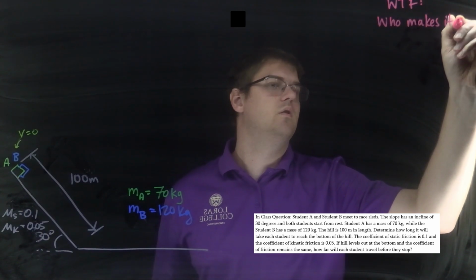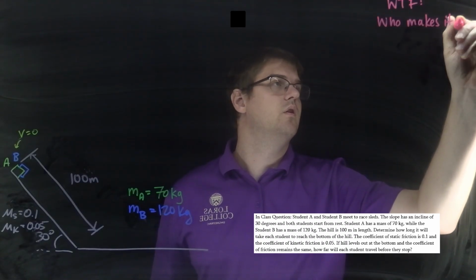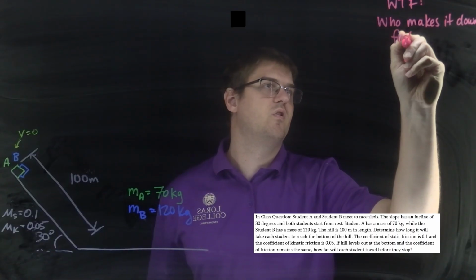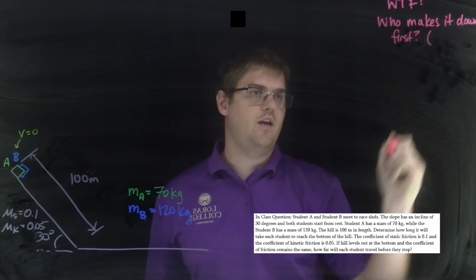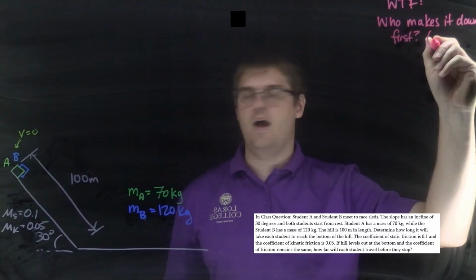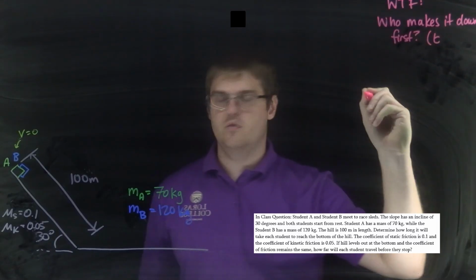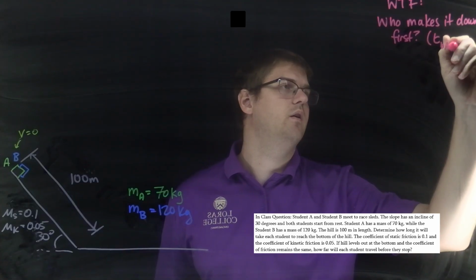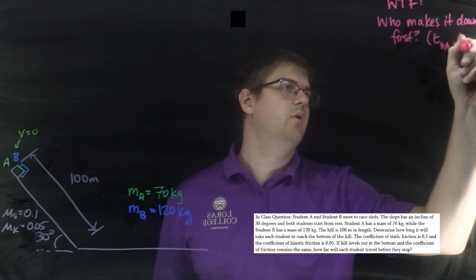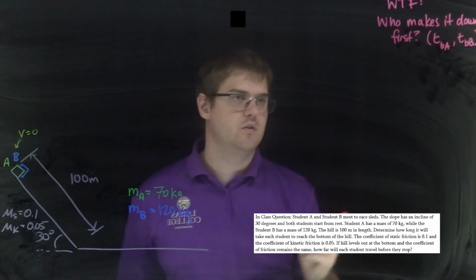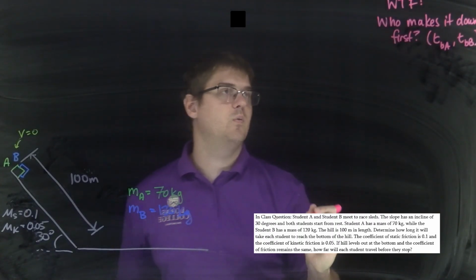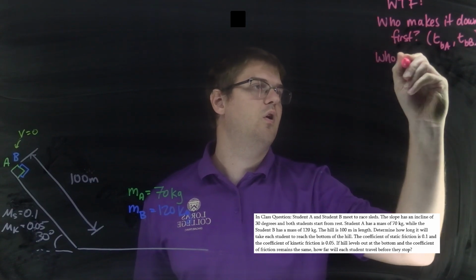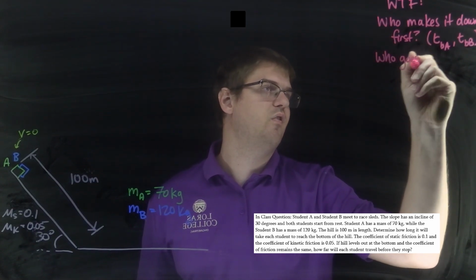We call it who makes it down first, which is hence asking us what the time to the bottom of A is and what is the time to the bottom of B. And we are asked who goes further.